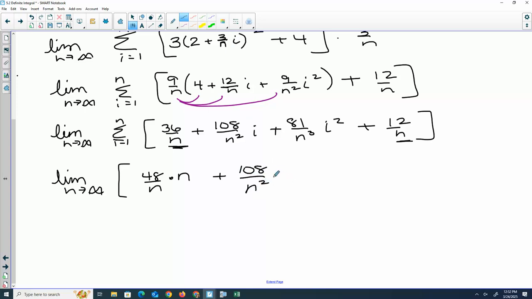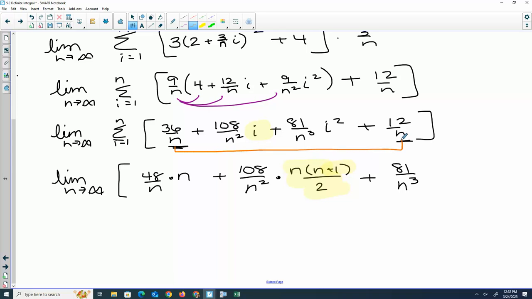What is the formula for i? n times n plus 1 over 2. Where did the 36 go? I added the 36 and the 12 because they were like terms, and since that's a constant, it just gets multiplied by n when you add it up.